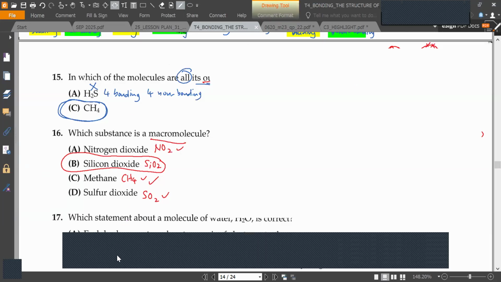Let me just get a quick picture. Nitrogen dioxide looks kind of like this.